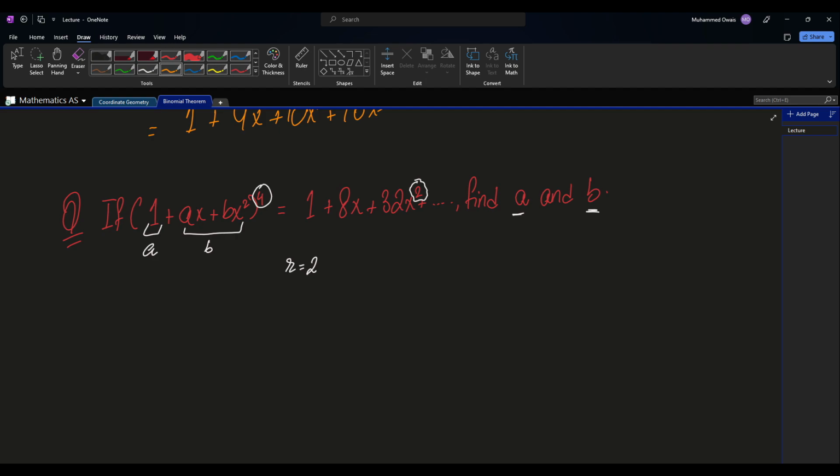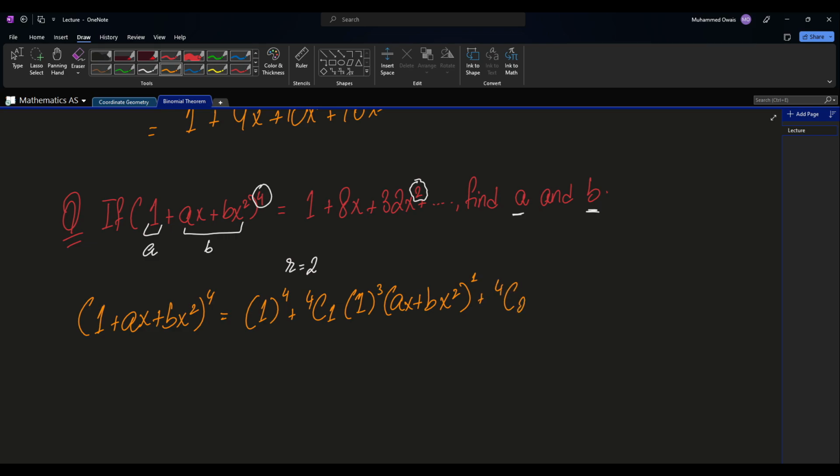Alright, let us try this. (1 + ax + bx²)⁴ is equal to, firstly 1, which is a power of 4, plus 4C1 into 1 with a power of 3, and ax plus bx squared with a power of 1, and then 4C2 into 1 power 2 into (ax + bx²) squared.